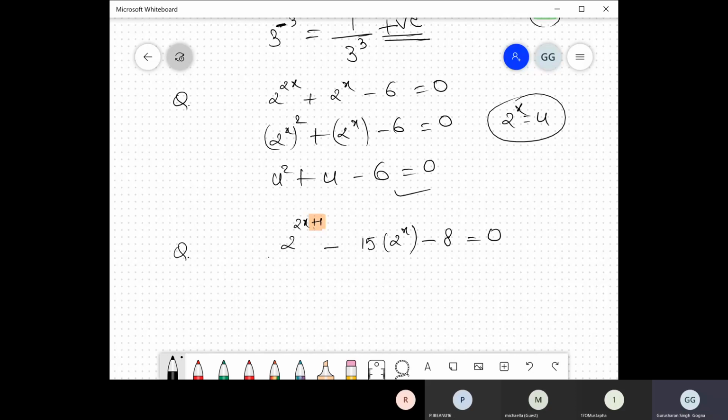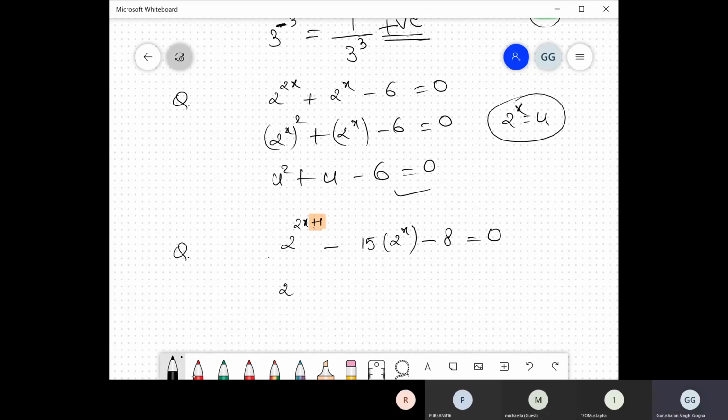Okay, the hint is you can use laws of indices. So I want to get rid of plus 1.